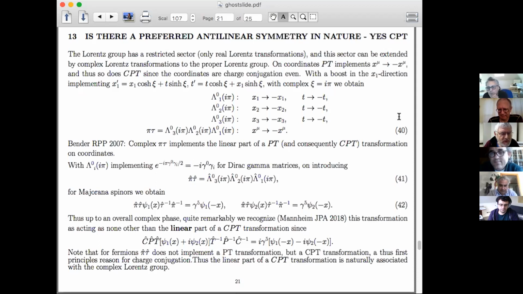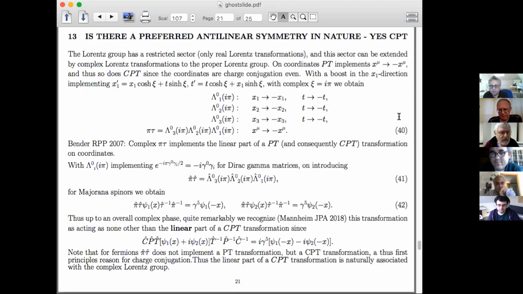In that particular case, PT is still a symmetry of the Hamiltonian, and the broken term just means complex conjugate pairs. Now, you ask a separate question, which is, could PT itself be spontaneously broken?